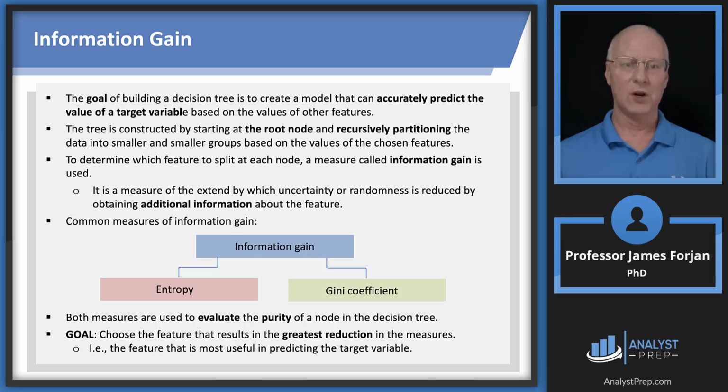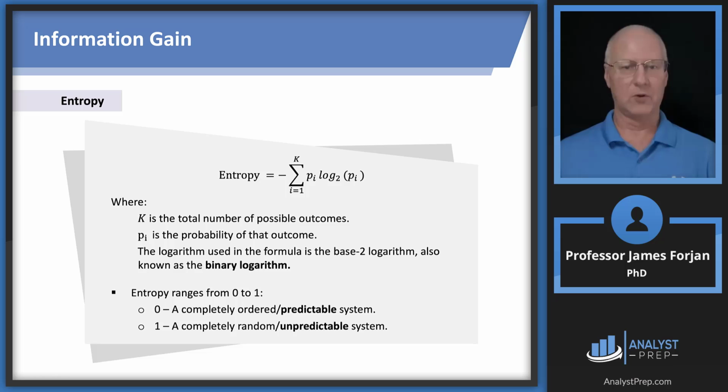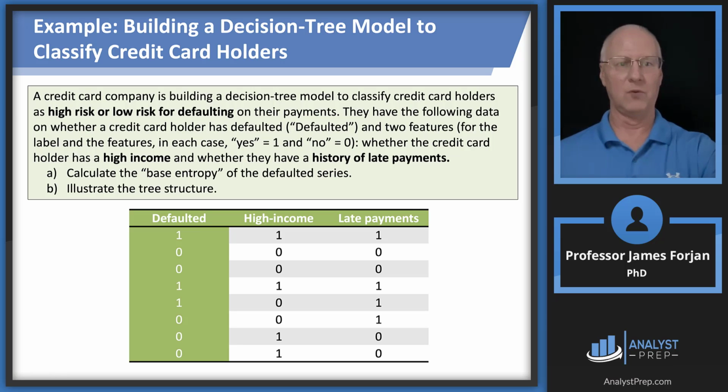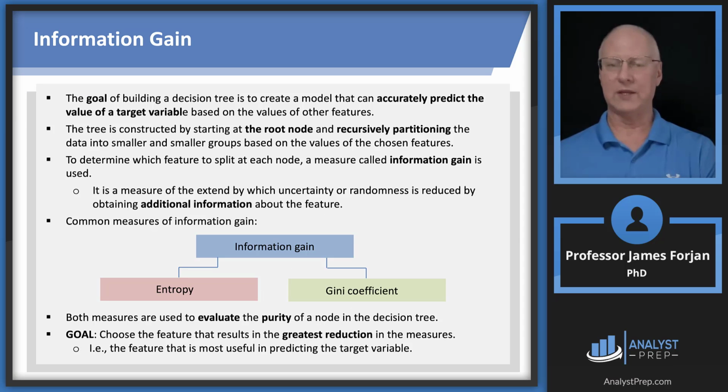So how do we determine what that information gain is? We do this in one of two ways: through the Gini coefficient or through entropy. Now, let me quickly go through this. We're going to do a base entropy example, but I didn't want to forget to say this. The reading has a Gini coefficient example, so I want you to go to the reading and work through that.